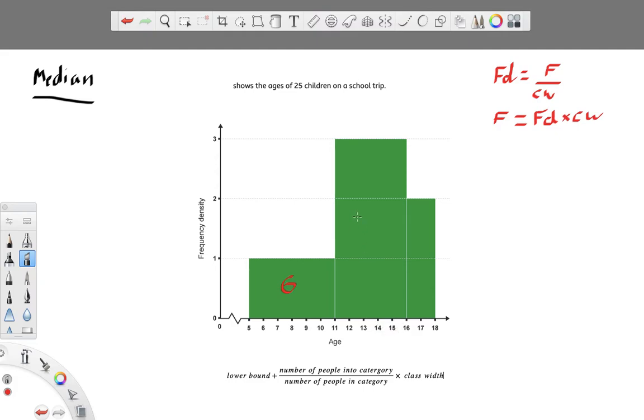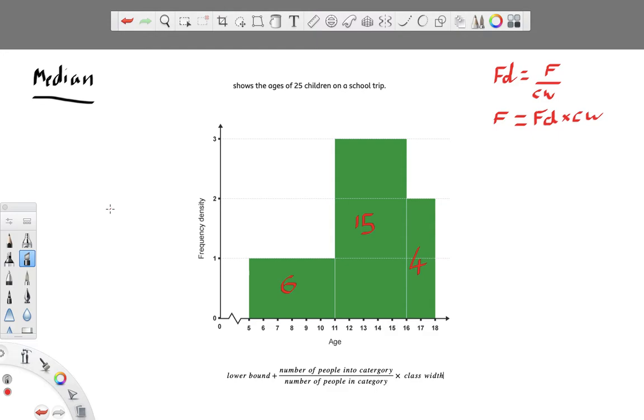So it's 5 times 3, which is, of course, 15. And then the last bar, the frequency density is 2, and the class width is 2, so the frequency is 4. Something worthwhile doing, add the frequencies you've calculated together and check that they equal the frequency that you should get. So 6 plus 15 is 21, plus 4, 25. So we're happy.